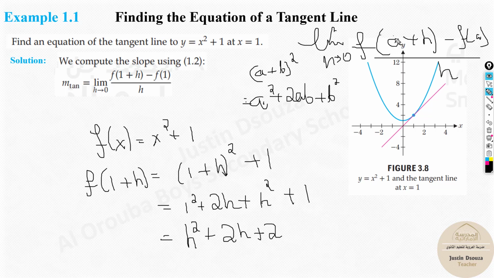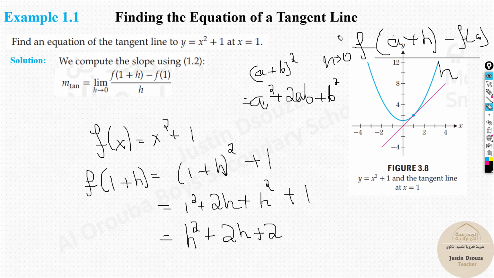Now we need to substitute that as 1 here, and then here also a is there, substitute 1. So we get the limit as h approaches 0 of the function of 1 plus h, because a is the given x value, 1 plus h, minus f of 1, divided by h.